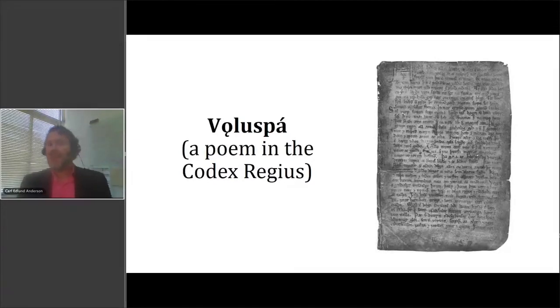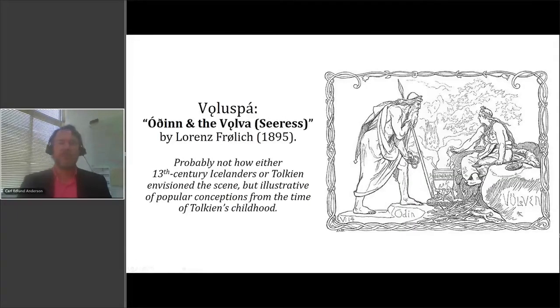This poem actually provides an overview of the whole history of the Norse cosmos, from creation to destruction, and indeed to a new recreation after its destruction. And it's presented essentially as the speech of a Sibyl, a prophetess, a seeress who looks back to the beginning as well as forward to the end.